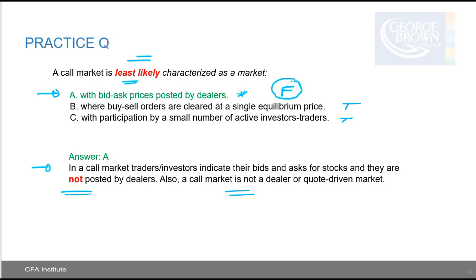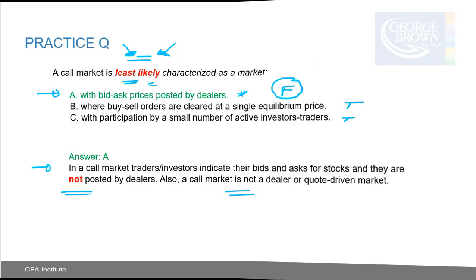So when you get confronted with a least likely question, turn it into true or false, and the false is the least likely, okay? My exam tip is that I'll sometimes write it down. I don't do everything in my head. I'll look at it very closely and turn it into true or false: true, true, false, least likely, looking for the false. So that's a little bit of an exam tip using a CFA Level 1 question posed in the least likely form. Just be prepared to maybe see that on the exam.